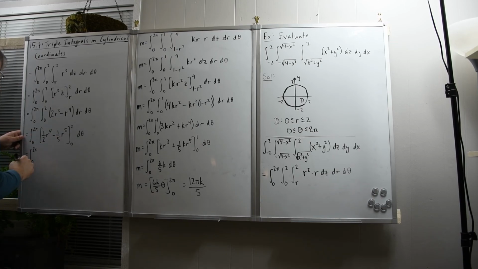And so this is the integral of 0 to 2 pi. 2 to the 4th, 16, times a half gives you 8. 2 to the 5th is 32, times a negative 1/5, negative 32 fifths. Now, 8 is the same thing as 40 over 5. Take 40 over 5 minus 32 over 5, gives you 8 fifths.